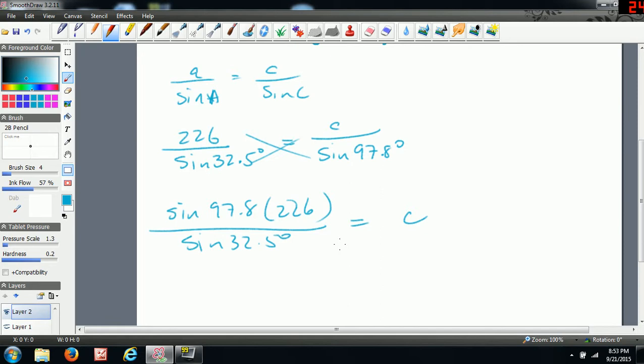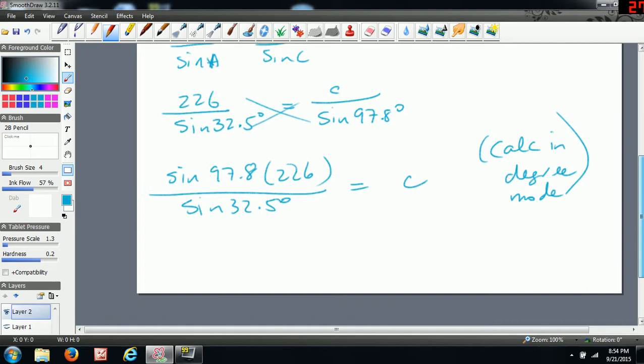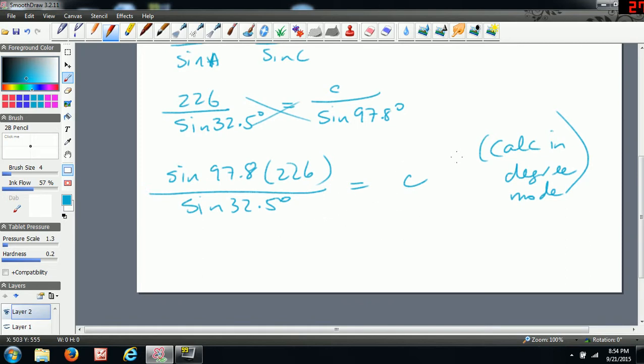Working that out on the calculator, you want to make sure your calculator is in degree mode, not radian mode, when you're working with degrees. Otherwise you will get the wrong answer, in radian measures instead. So side c is equal to 417 is the answer you should get.